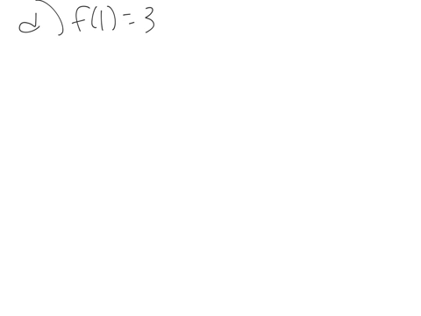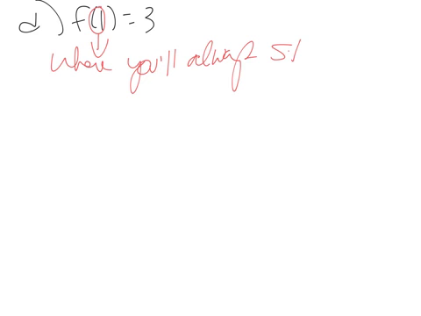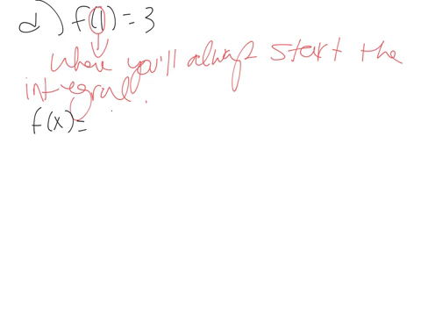This x value is where you'll always start the integral, because it's the frame of reference that you're being given. So my integral will go from 1 to something else.